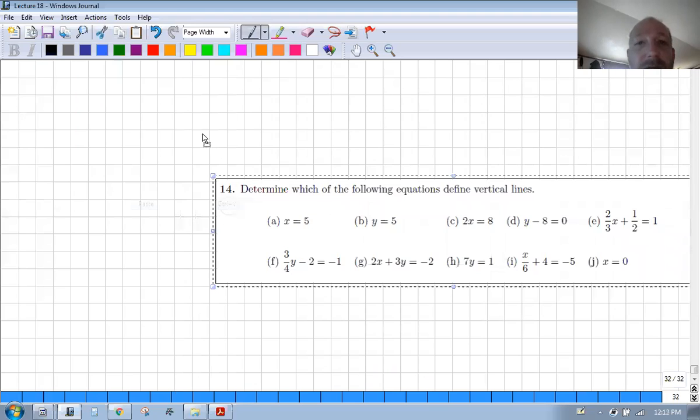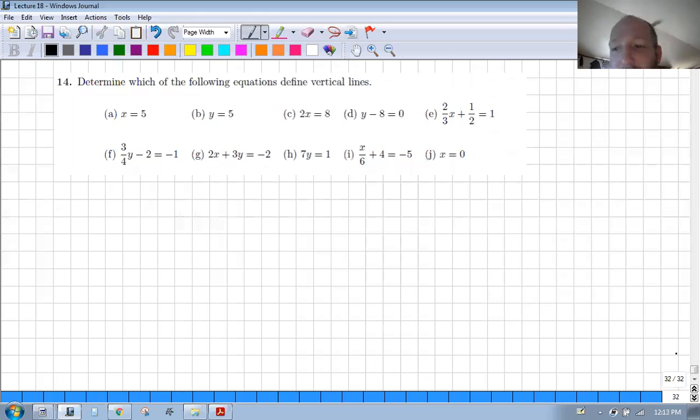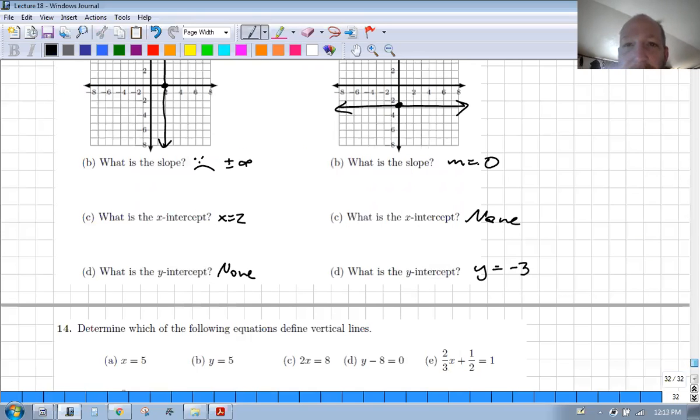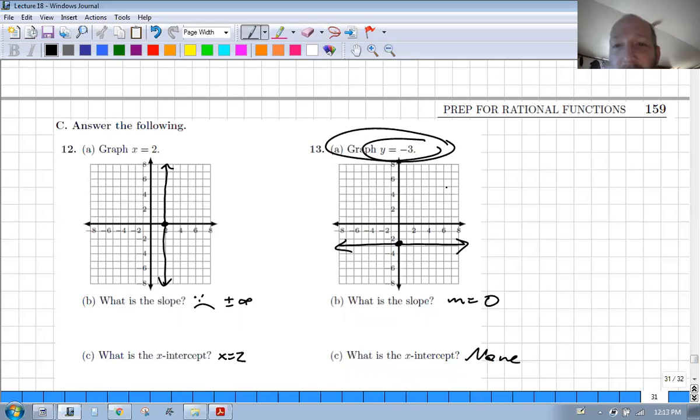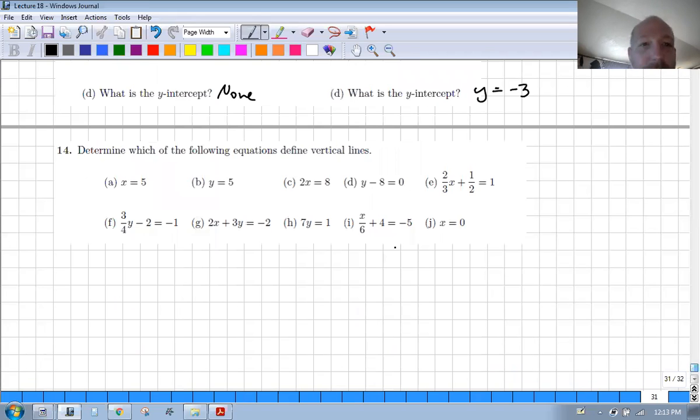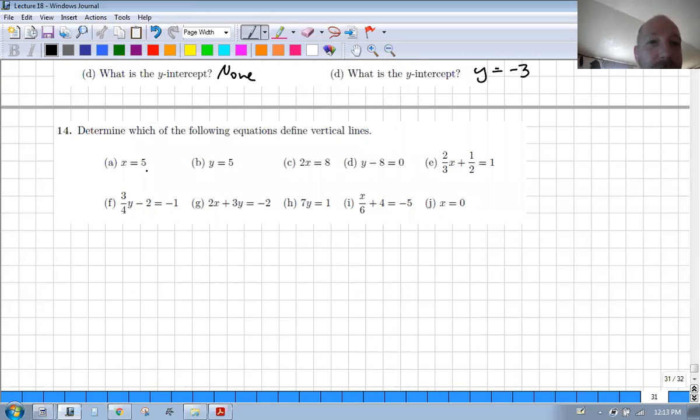All right, which of these are vertical lines? Looking up here, if you have y equals with no x's, that's a horizontal line. If you have x equals a number with no y's, that's a vertical line. So right here, this is a vertical line. This one's horizontal. This one's vertical.